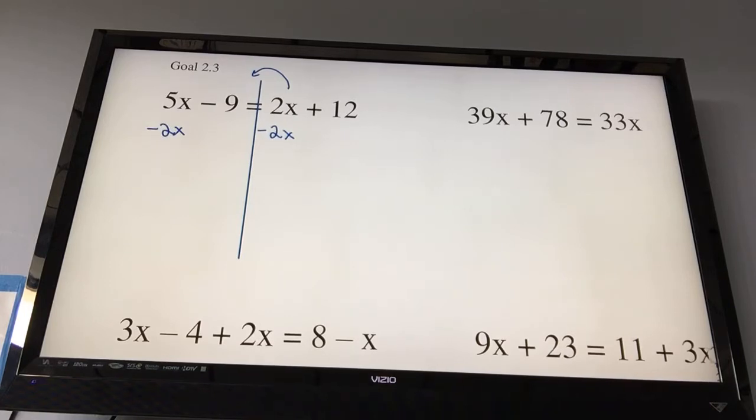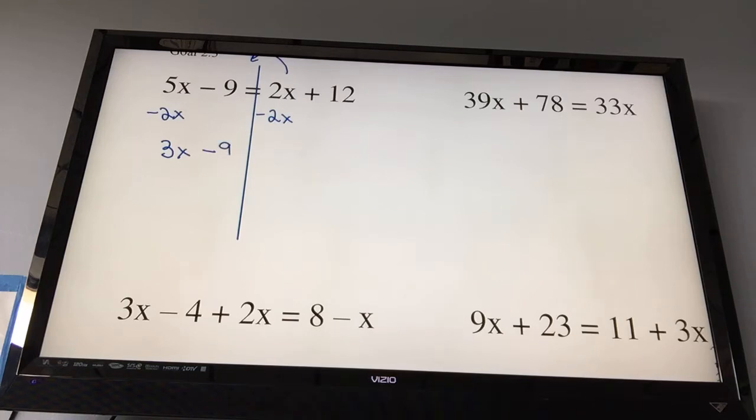I'm putting it under the other x, because x's have to go with x's, and numbers have to go with numbers. So I'm going to take into my calculator, correctly, 5 minus 2 gives me 3x. My minus 9 comes down, my equals comes down, those cancel out, and my positive 12 goes down.